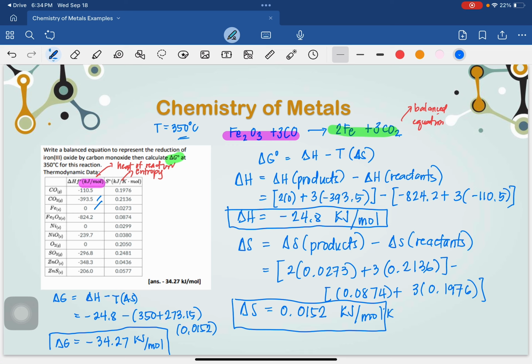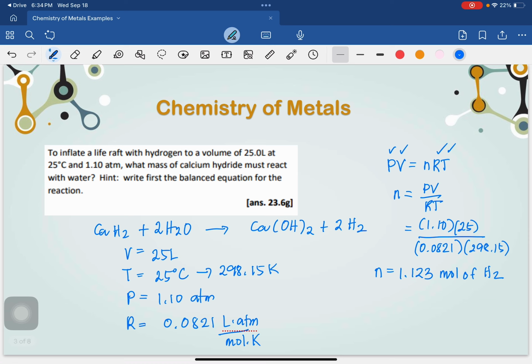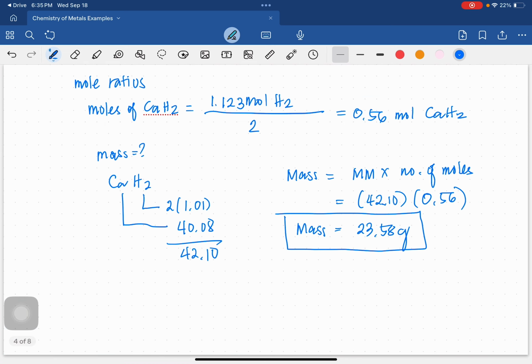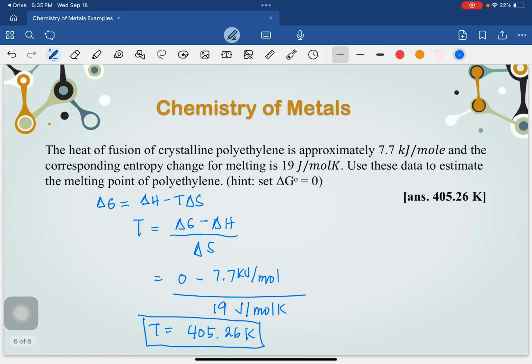For the first problem, we were looking for delta G. For the second problem, it's an ideal gas law problem, so it's not related to that. For the third problem, we were able to get delta S in the Gibbs free energy equation. And for the fourth one, we were asked to get T.